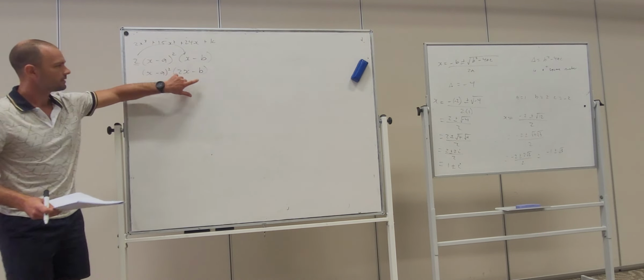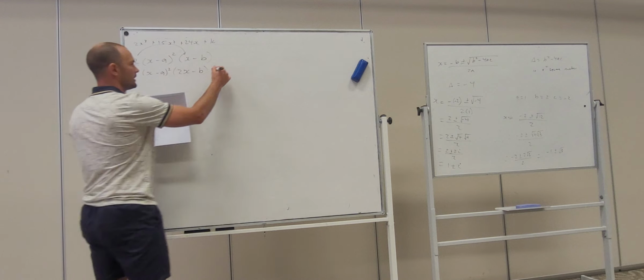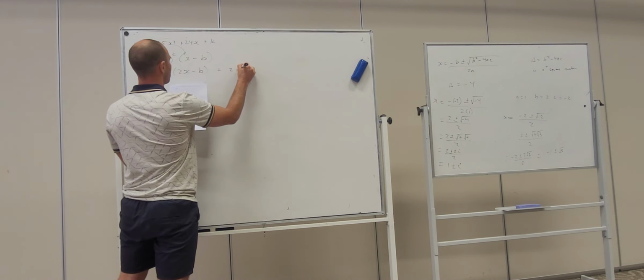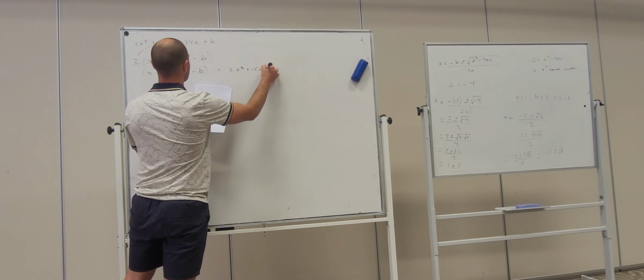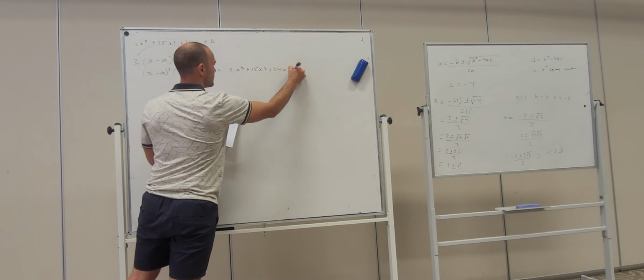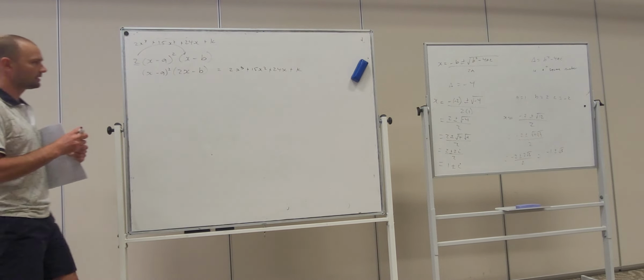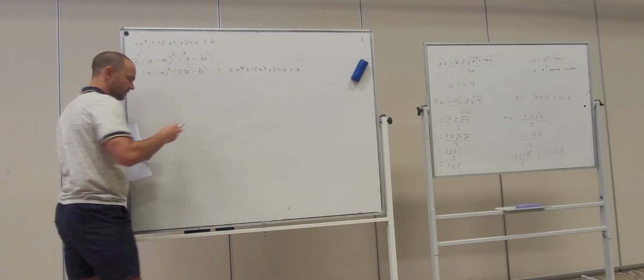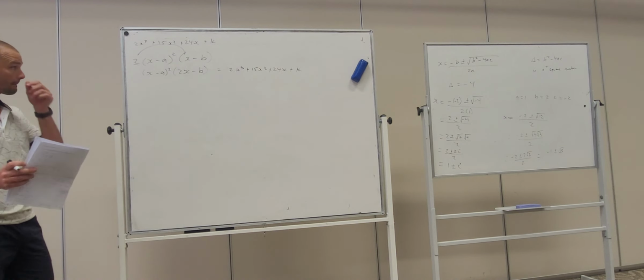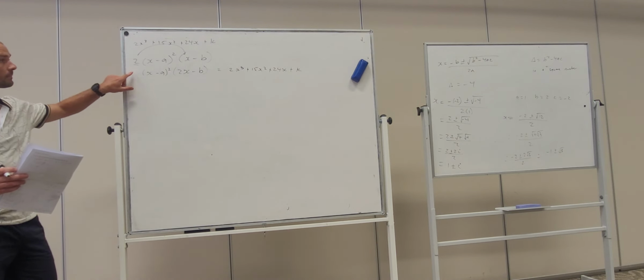Now, this cubic is going to be equal to this one, 2x to the 3 plus 15x squared plus 24x plus k. So we're going to perform the expansion and identify the values for a and b, and k. Would you also put a 2 coefficient in front of b?